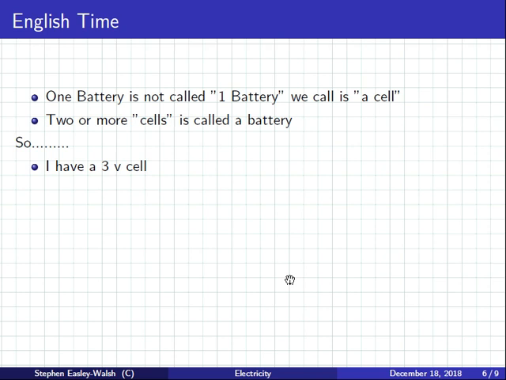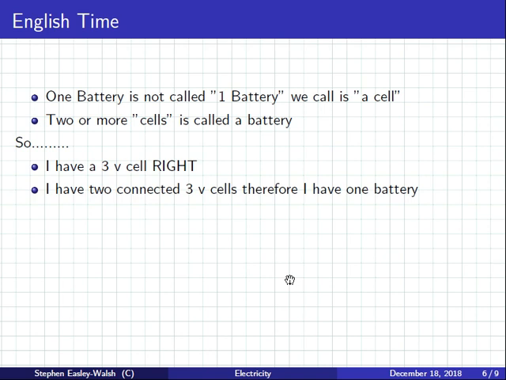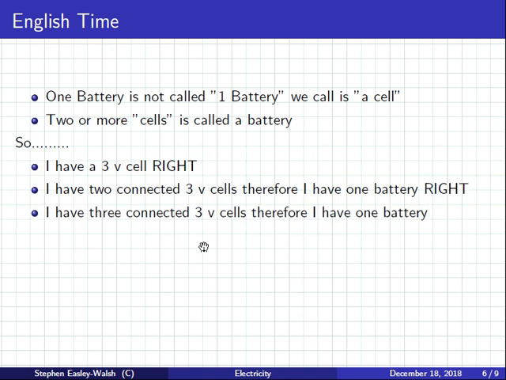So, you can say, I have a 3-volt cell. I have 2 3-volt cells, therefore I have 1 battery. That's right. I have 3 3-volt cells, therefore I have 1 battery. That's right. I have 2 batteries. Wrong. You have 1 battery.